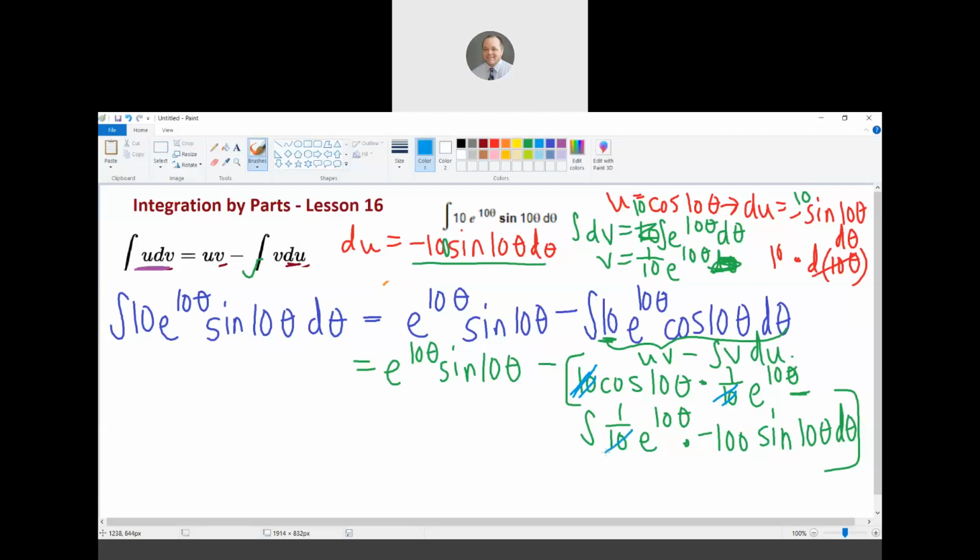And right here, 10 can go into 100 10 times. So let me bring down carefully what we currently have. e to the 10 theta sine of 10 theta.